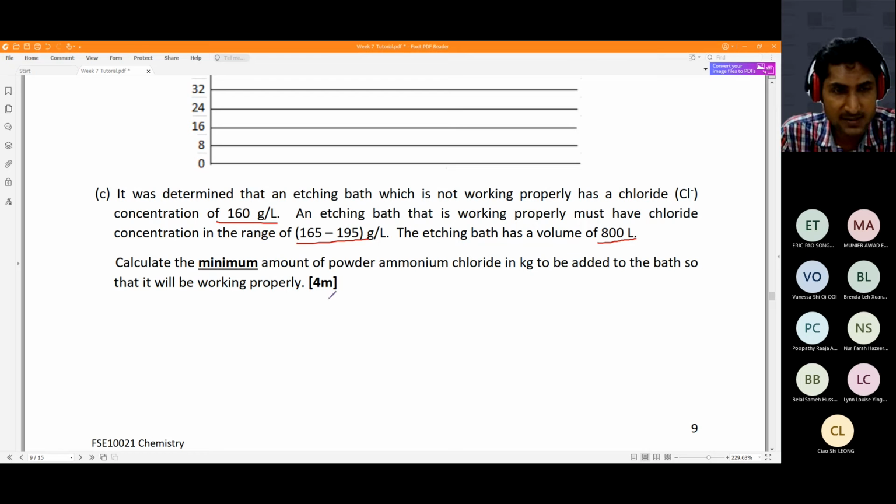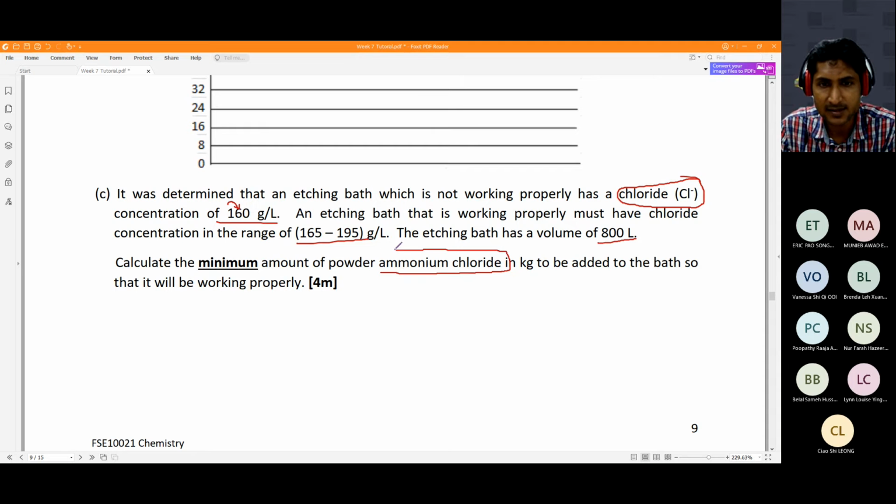The etching bath is not working properly because it has only 160 gram of chloride. Remember, the problem is given in chloride, but the condition is given in ammonium chloride, right?